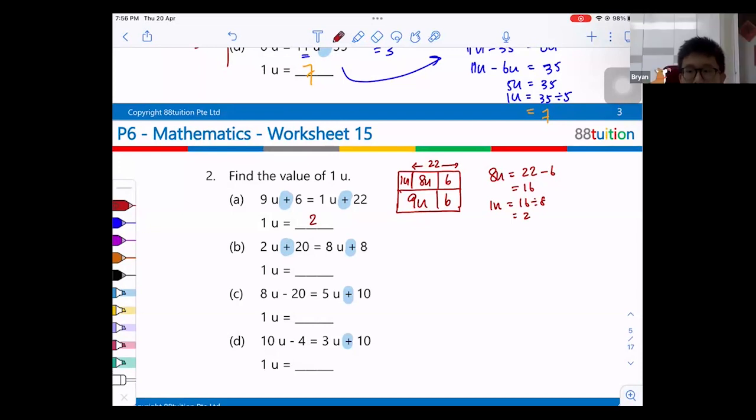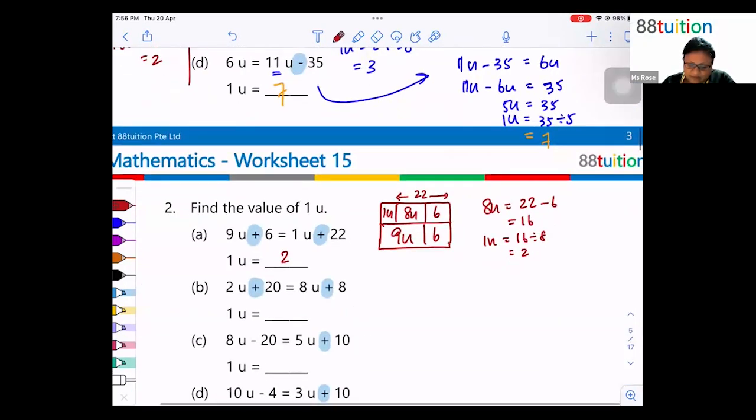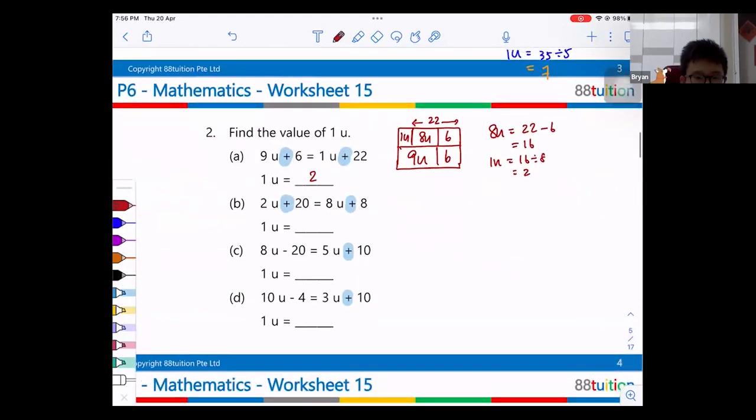Brian says his paper has 20 unit. So your paper has 20 unit for your second question? 3C or 2C? 2C.